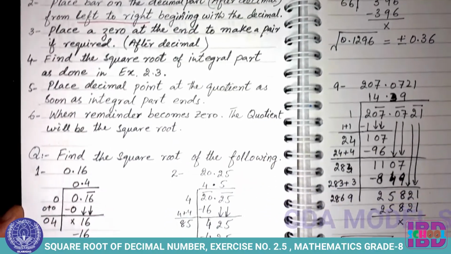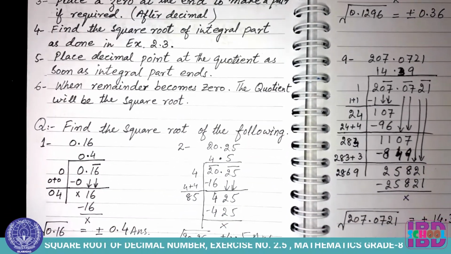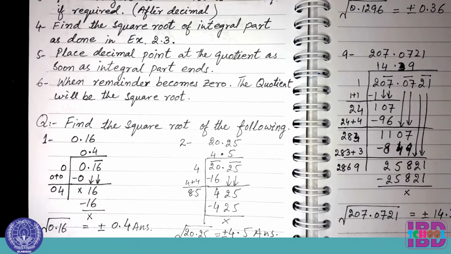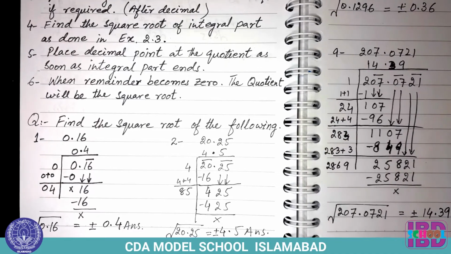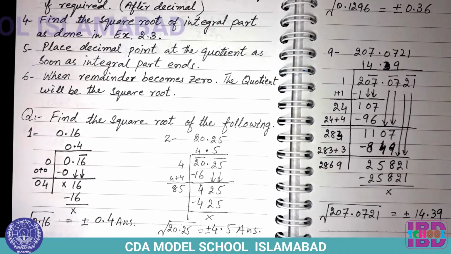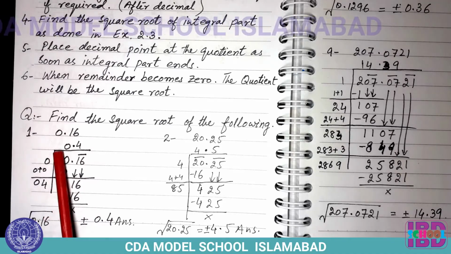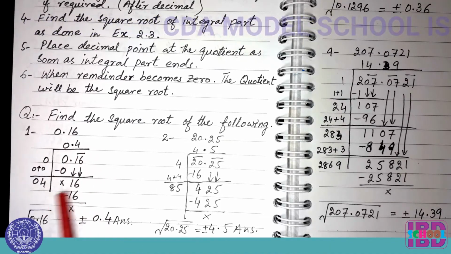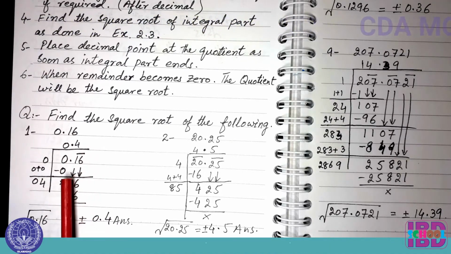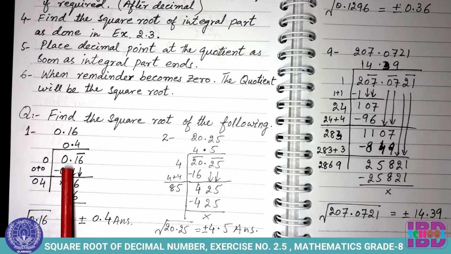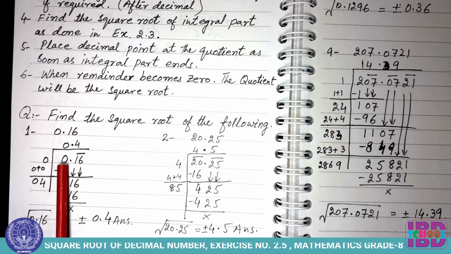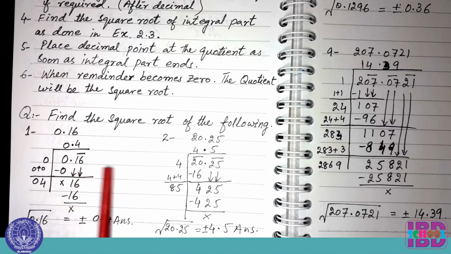So to find the square root of 0.16, first we draw these lines and then we do this pairing. And while we do the pairing, we will start from this decimal point and go in both directions from it.